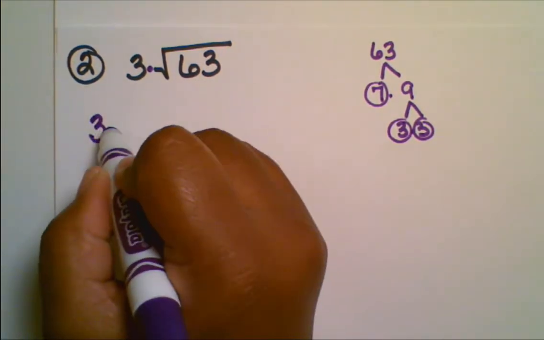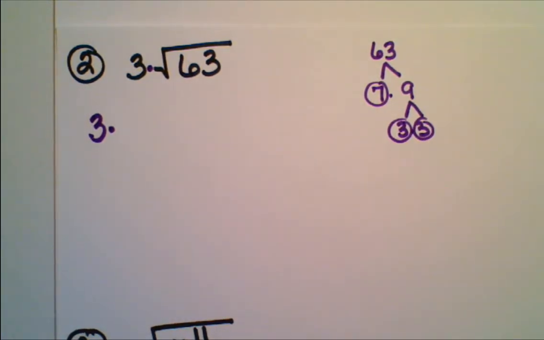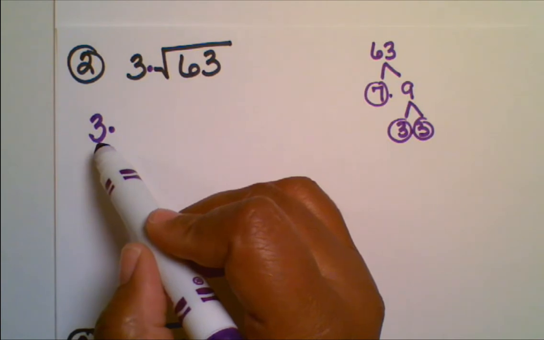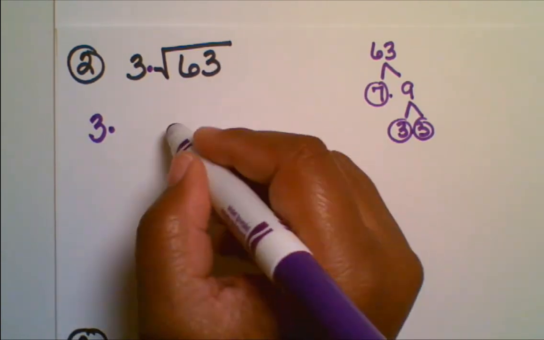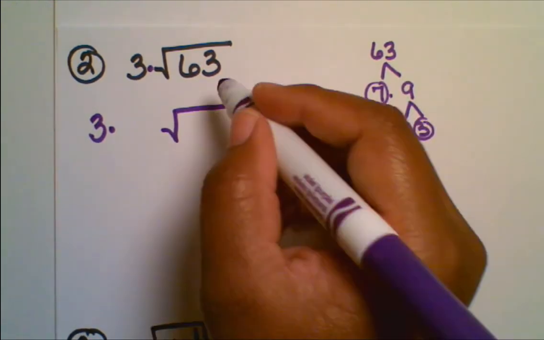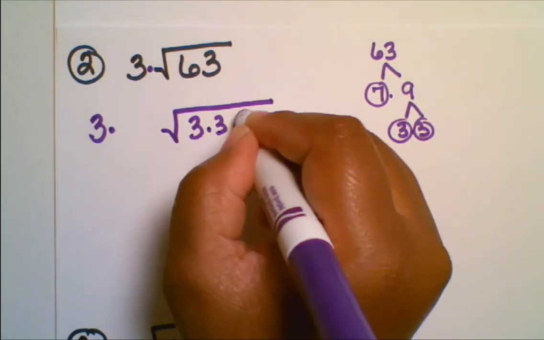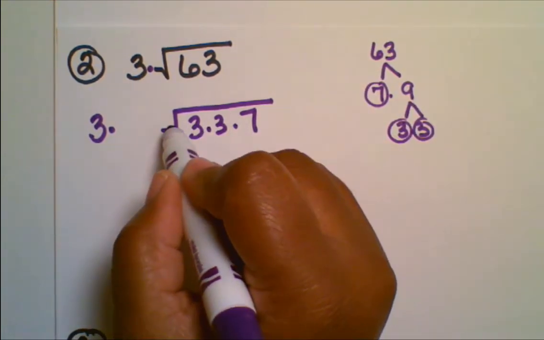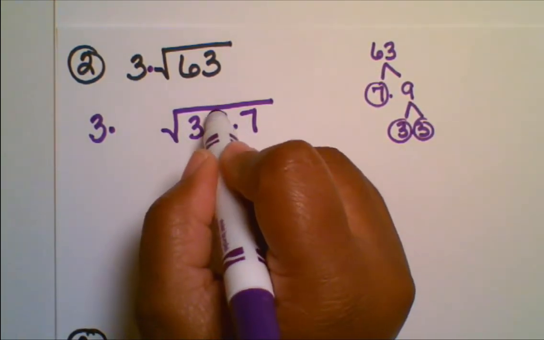On the outside, you have a factor of 3. That's fine. Whatever we bring from under the radical sign to the outside, we're going to multiply this 3 to it. So let's list the prime factors for 63. We have 3 times 3 times 7. Because the index is 2, we're looking for pairs.